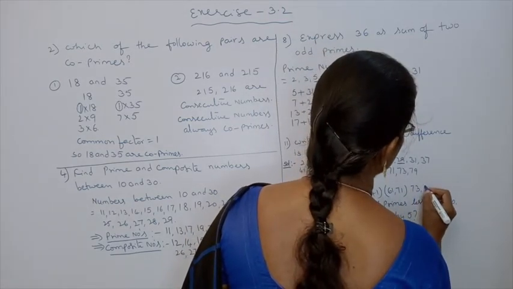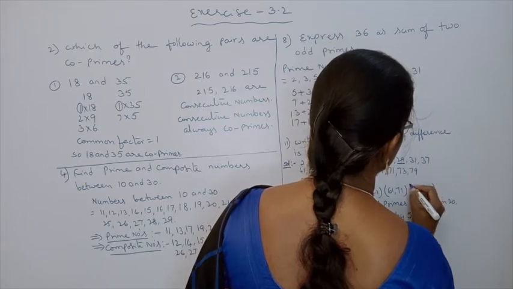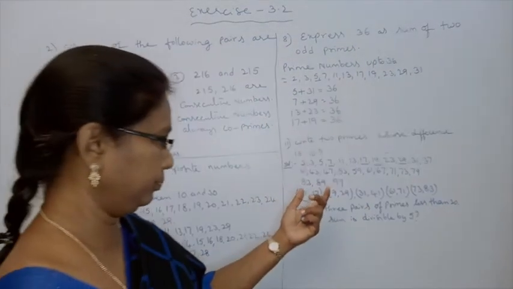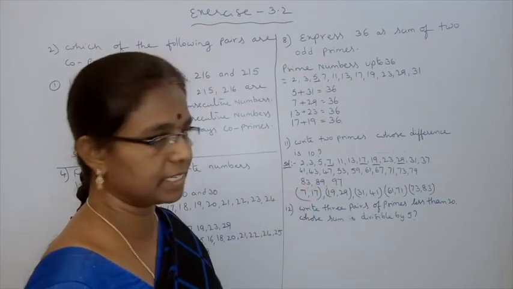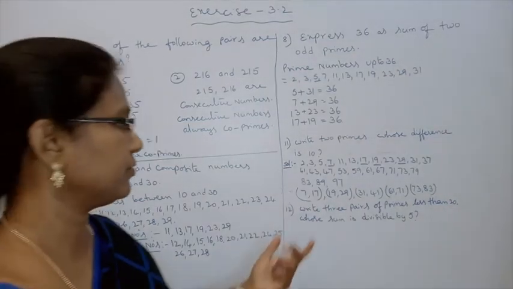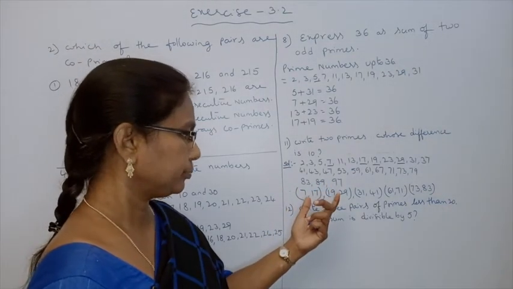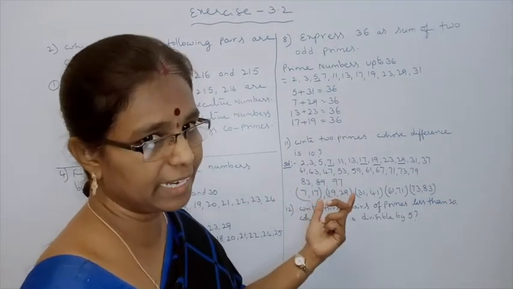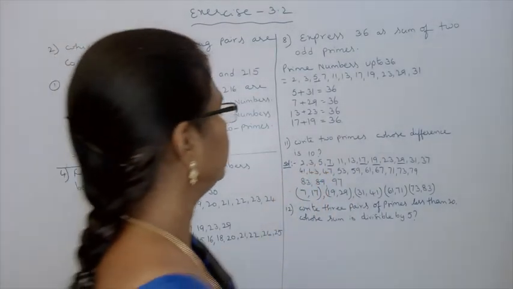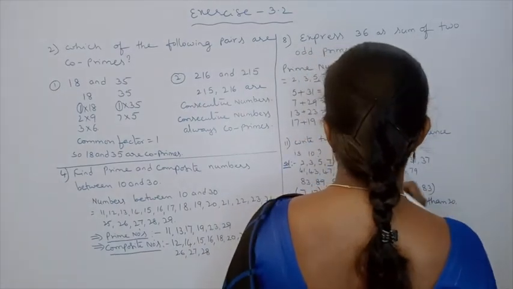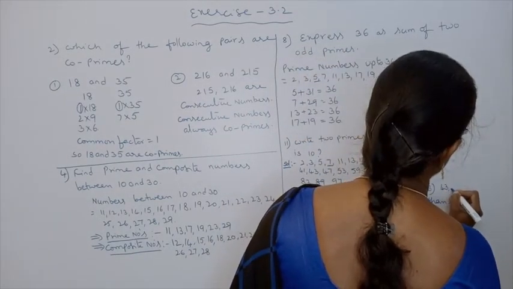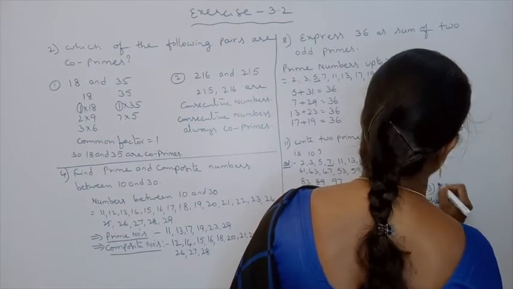Then 73, 83. These are the pairs of two primes whose difference is 10. First we write the 25 prime numbers, and from that we choose how many pairs have a difference of 10. One more we can write: 43, 53.